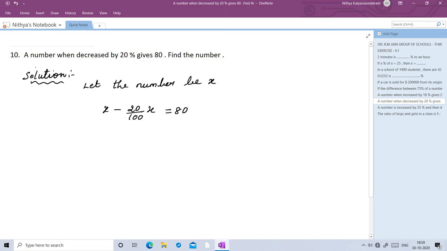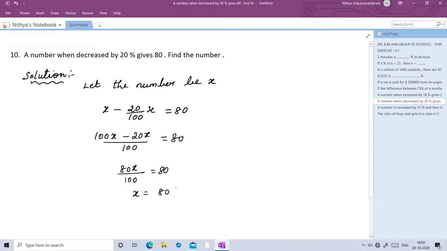In this number, it's decreased by 20%. So x minus 20 by 100 into x. Multiply by 100 here: 100x minus 20x divided by 100 is equal to 80. So 100 minus 20 is 80x divided by 100 is equal to 80.